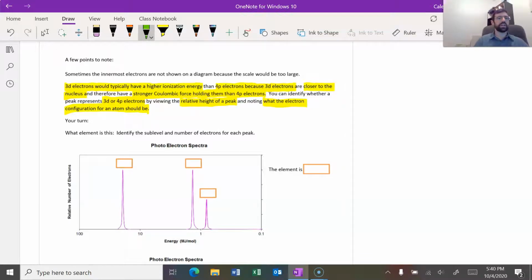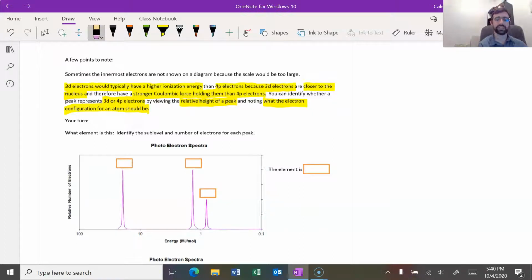So you take a turn. I want you to pause the video and then try this photoelectron spectra out and identify which element it is. All right, you might find that this is a little more challenging than you would expect. A lot of students will be thrown off because they look at these little dashes on the side and they think, oh, those must each represent an electron.